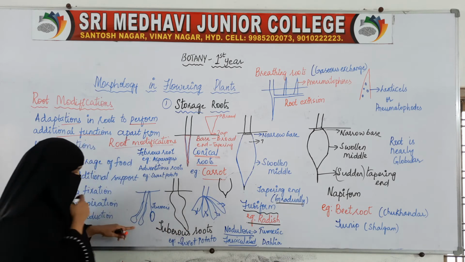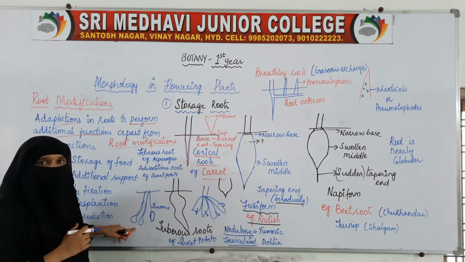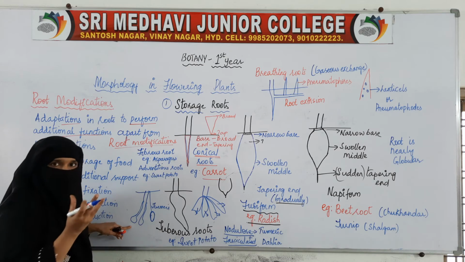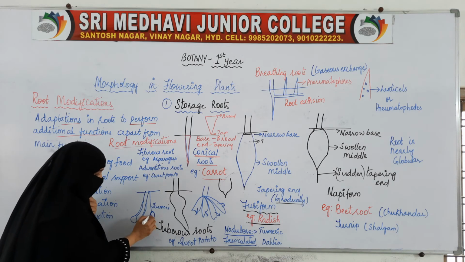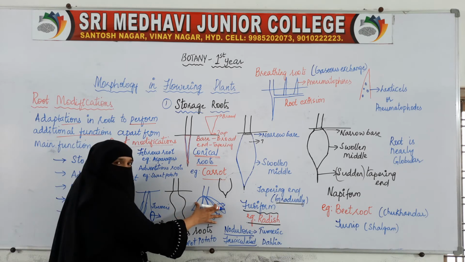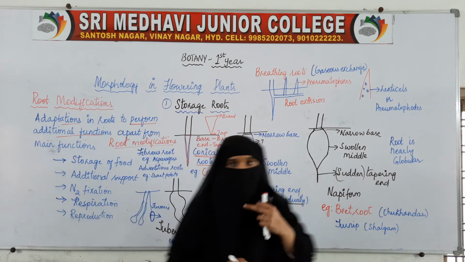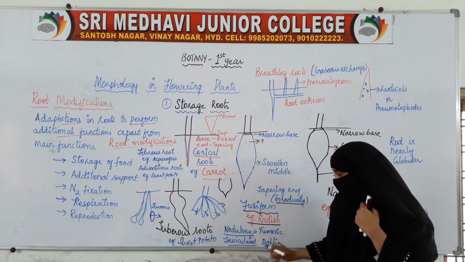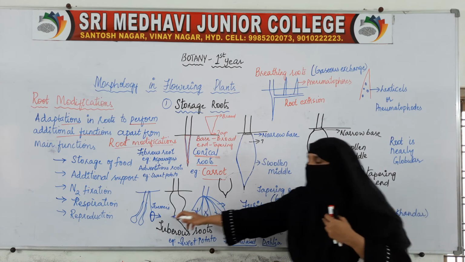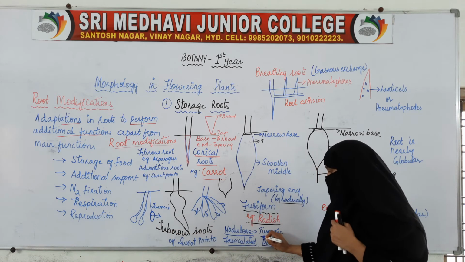In nodulose roots, the apex of the root is swollen because of the storage of food material. This type of root which stores food material is fasciculated roots. Fasciculated roots we see in dahlia. Nodulose roots we see in turmeric.